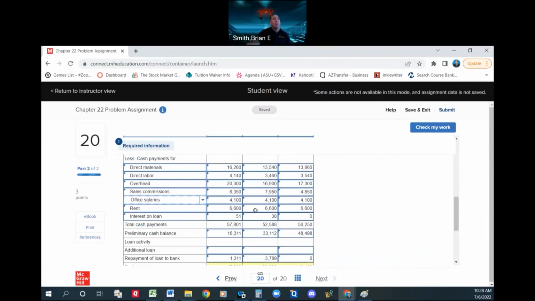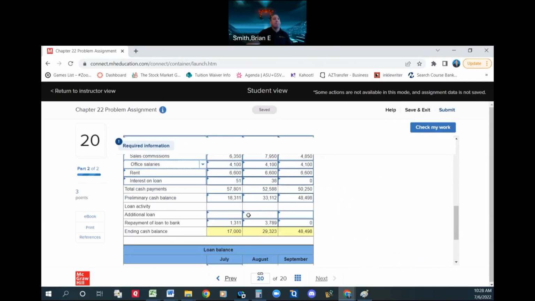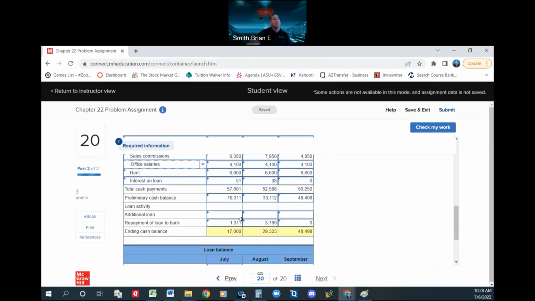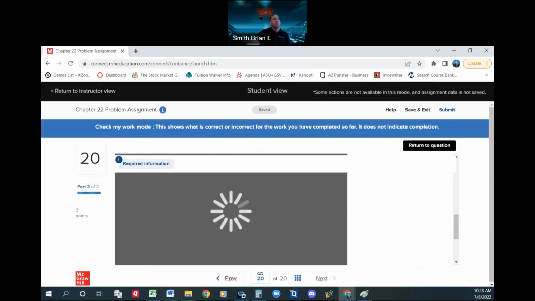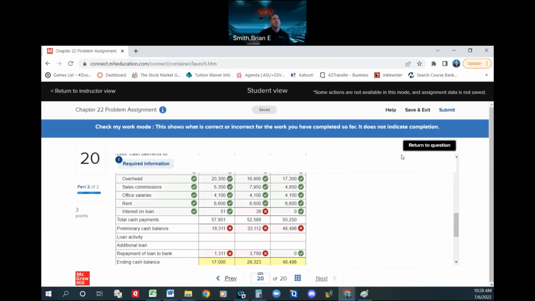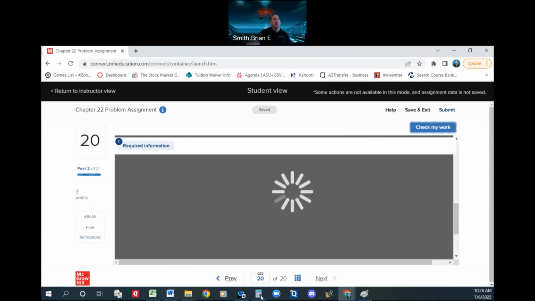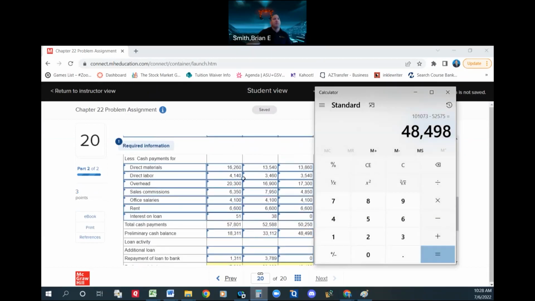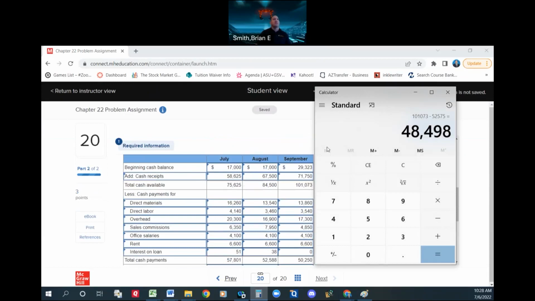Man. All right, let's reevaluate here. How is this still the same? Oh, preliminary cash balance needs to be recalculated. That's right. Okay. So we're going to take our 75,625 minus 57,801.